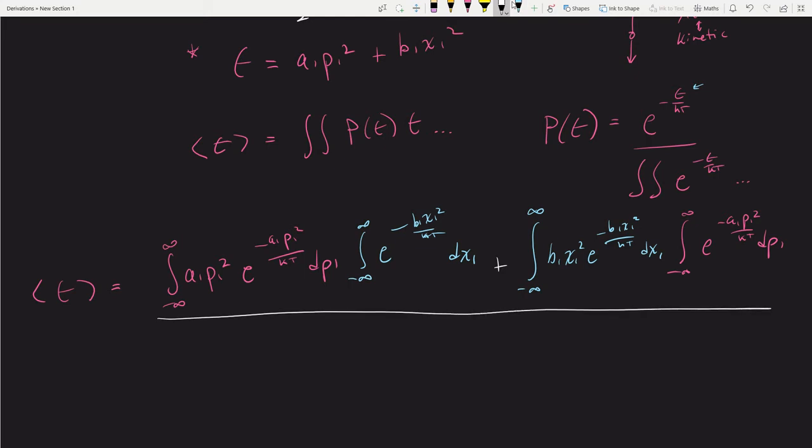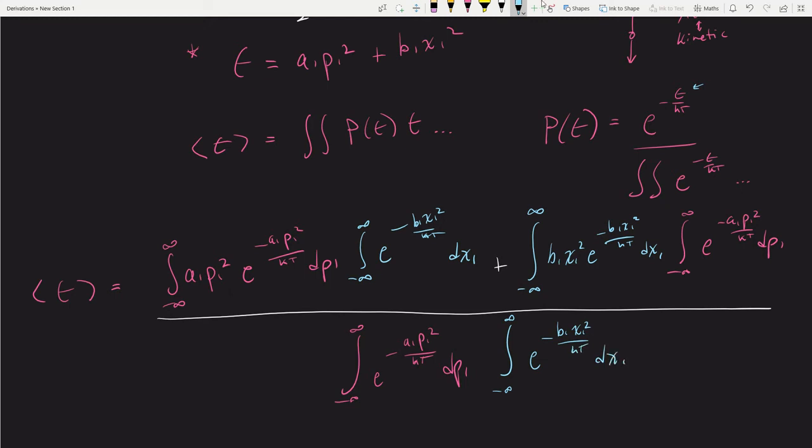All right, so there's a big denominator down here, and the denominator is simply e to the negative a1 p1 squared over kT dp1, negative infinity to infinity, and then negative infinity to infinity of e to the negative b1 x1 squared over kT dx1.